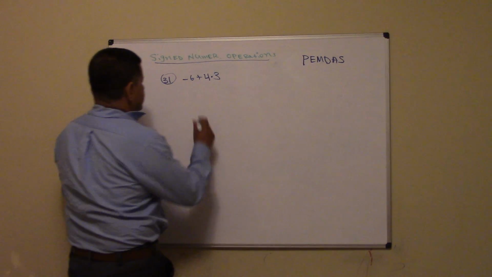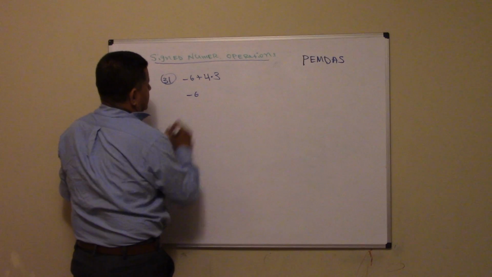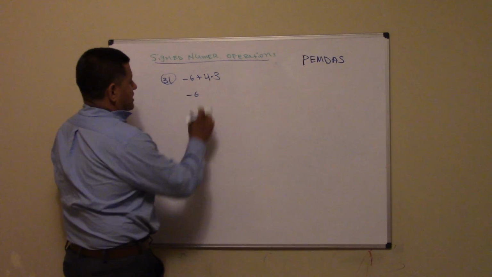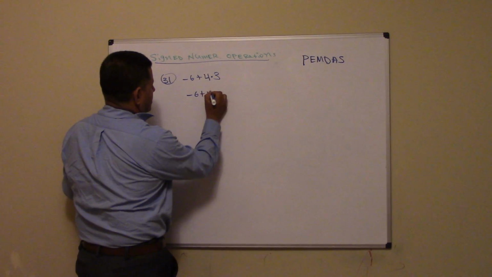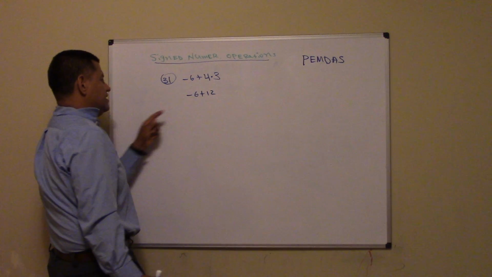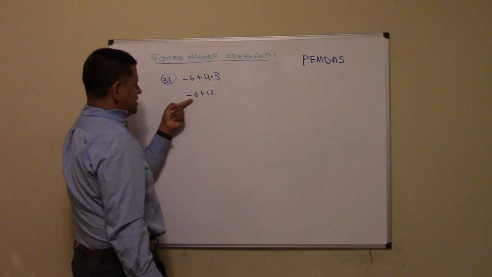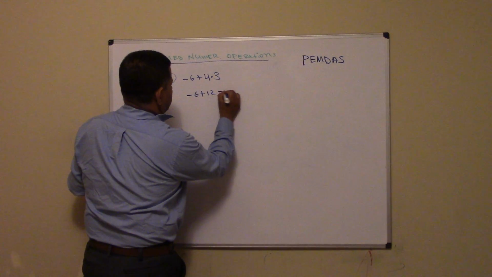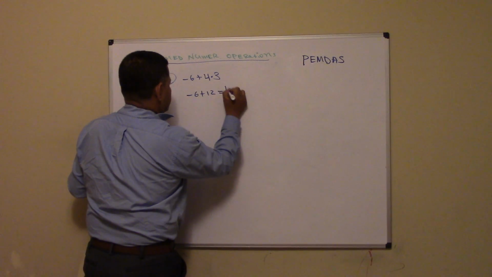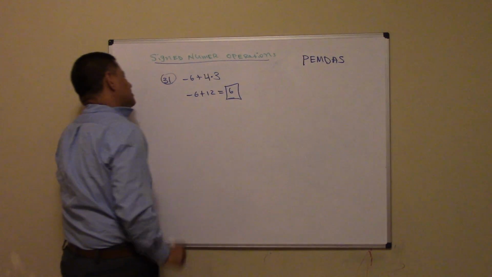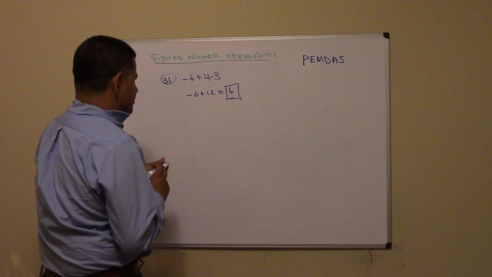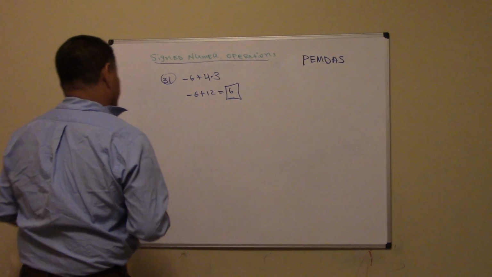So in this case, 4 times 3 is 12, right? Negative 6 plus 12 is 6. Okay? So that is one of the problems, right? Now let's do another one.